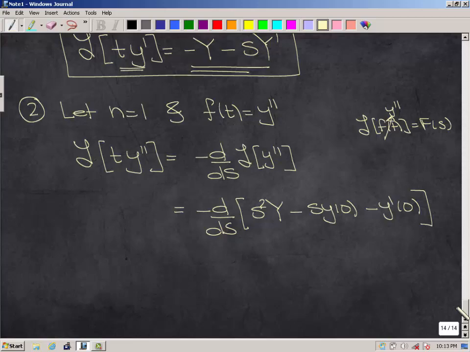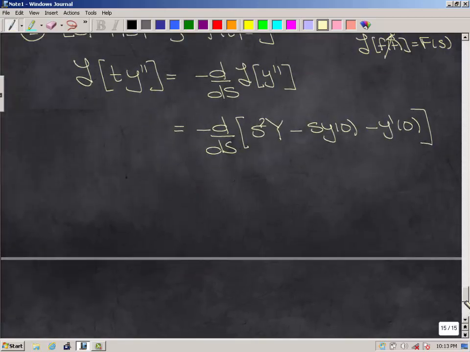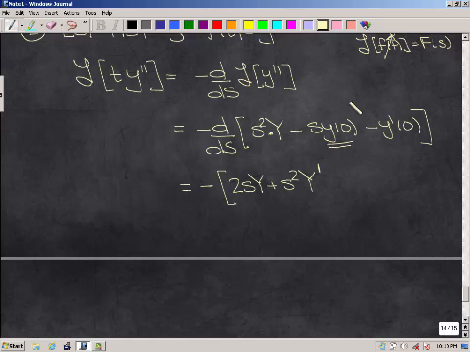So now we'll have to take derivatives term by term. The only thing is when we do the derivative of this, we'll have to use product rule. So we get 2s times big Y plus s squared times big Y prime. Out here, remember, this is just a number. Remember, initial conditions are basically some number, right? Same thing over here. This is a number. So when we take derivatives, we just take the derivative of s here, which is 1.